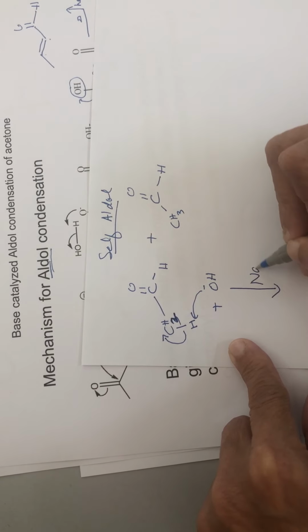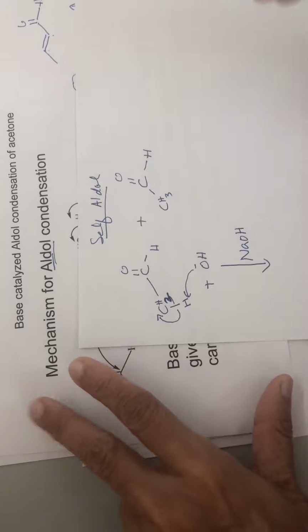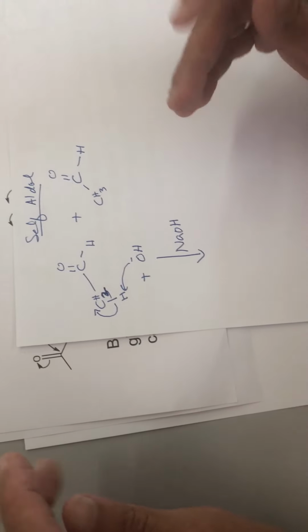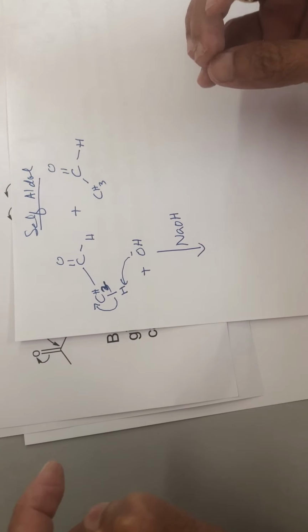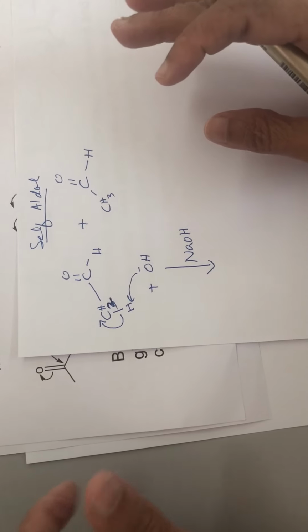In presence of sodium hydroxide, what are the conditions for aldol condensation? Number 1, we have to select a carbonyl compound which has alpha hydrogen.